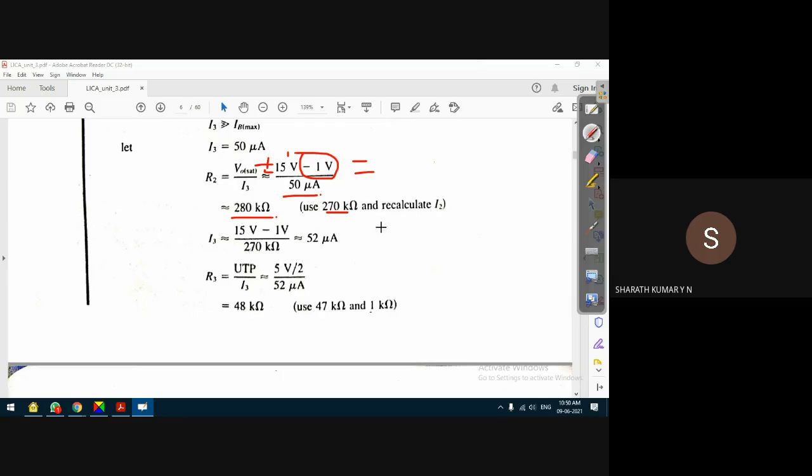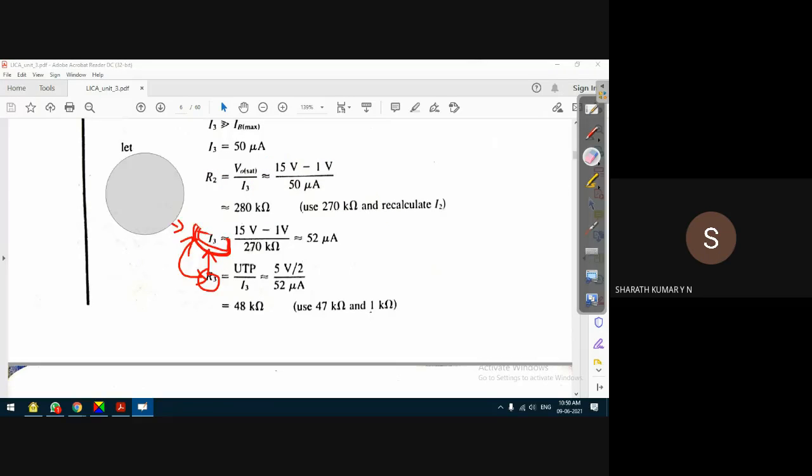When we select a standard value based on the current, we have to calculate the current again. See, if the design of R3 is independent of current, then we need not recalculate I3. As long as the value of these components depends on the current, we have to recalculate.